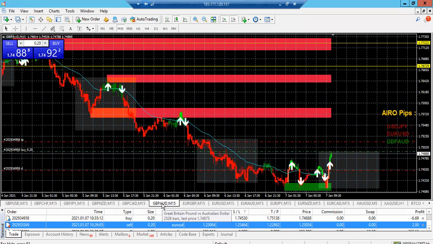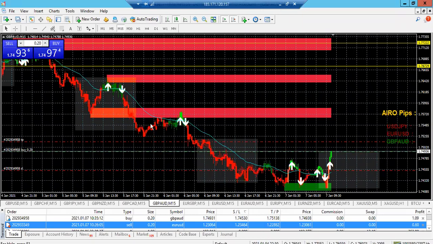That's for GBP AUD. If it goes my way, I think I'll just place a limit order because I think this market will definitely go our way.